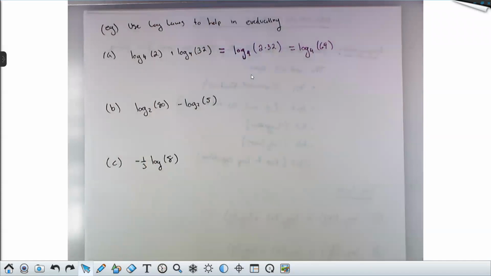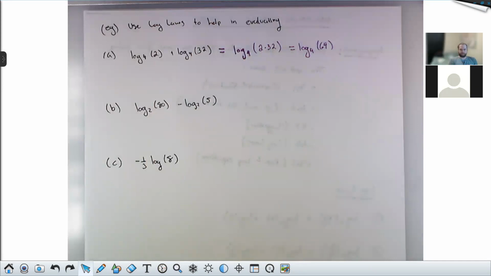And this is easier to sort out. What is the base 4 log of 64? Yeah, 3.